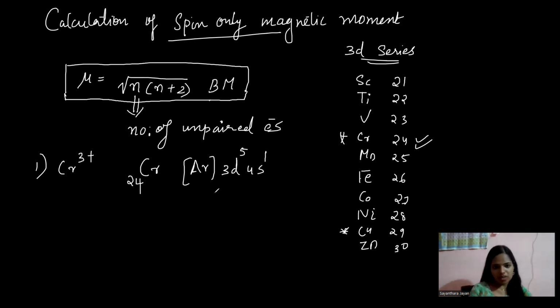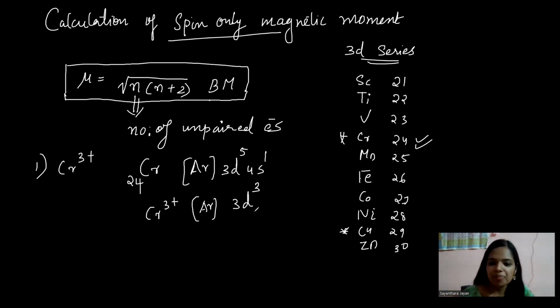Cr3+ means the chromium atom is losing 3 electrons. So the configuration becomes argon 3d3: 1 electron is lost from 3d and 2 electrons from 4s, so 3 in total.